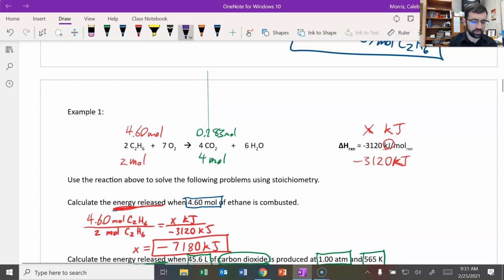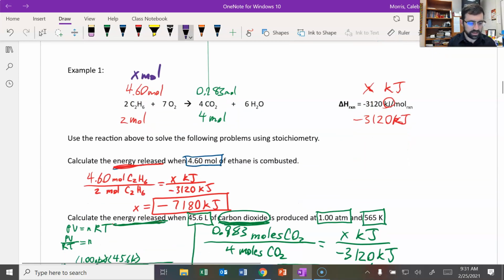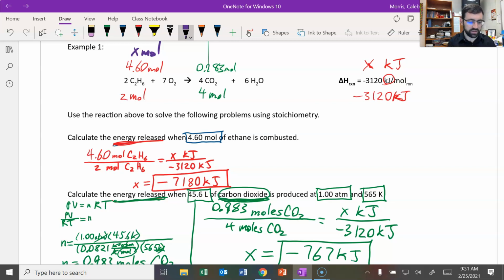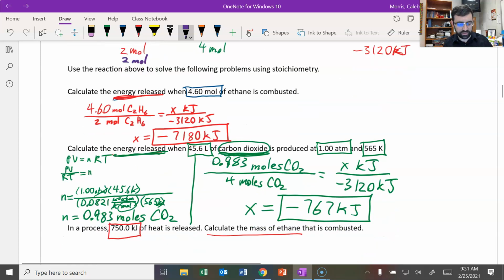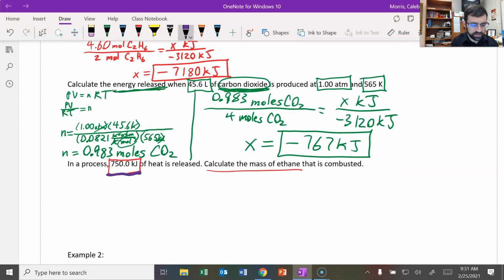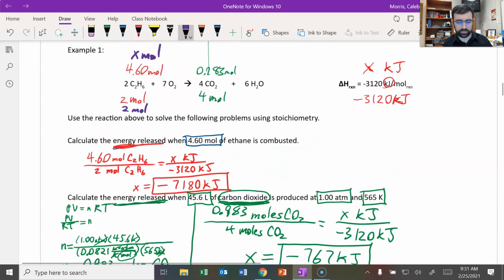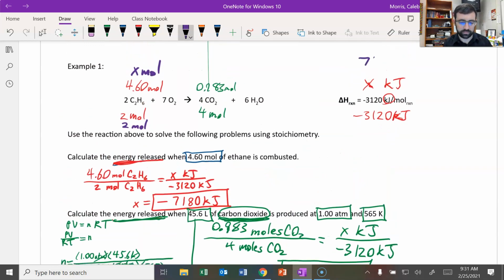So I'm really looking for X moles in this case. And of course we still have 2 moles on the bottom, and I've been given 750 kilojoules over negative 3,120 kilojoules.